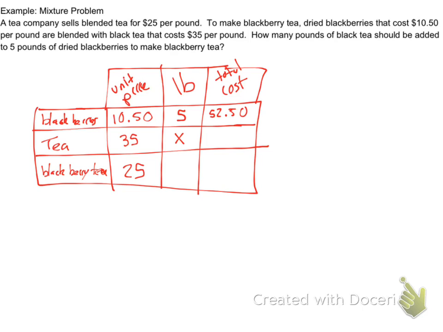If it was 1 pound of tea, how much would it cost? $35. 2 pounds of tea. And you're doing that because you're multiplying, right? However many pounds times 35. But you don't know X. So we got to leave it as X. So it would be 35 times X, or 35X.